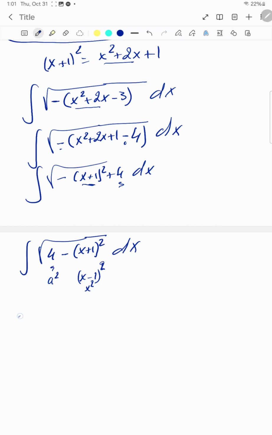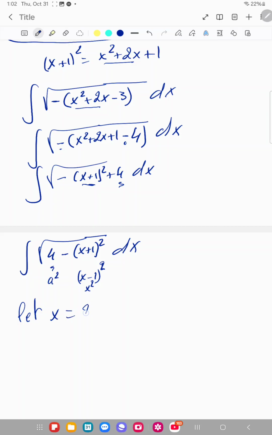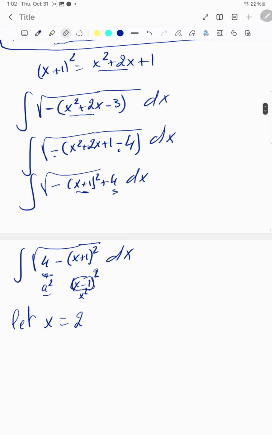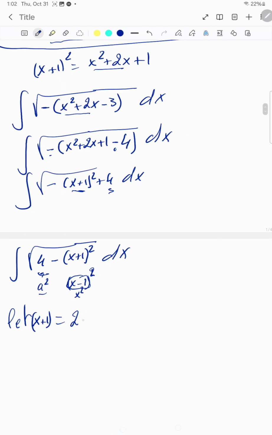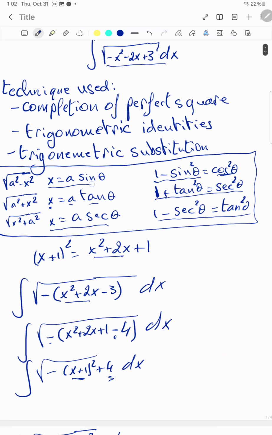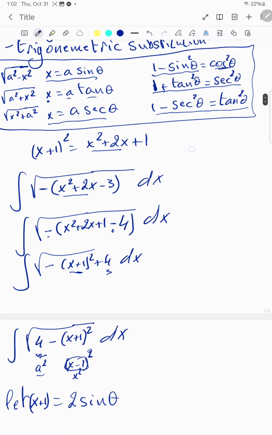So I will say let x equal a, which is 2 in that case, because a squared is equal to 4. I need x plus 1, I don't need x, so I put here x plus 1 equal 2 sine of theta, because we said we take x equal a sine of theta.